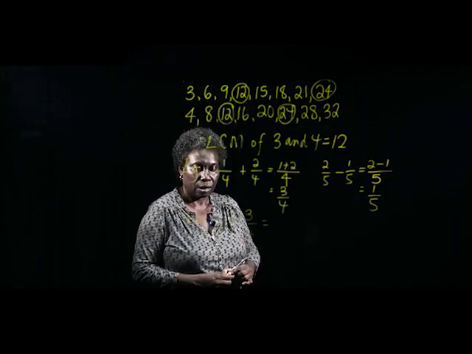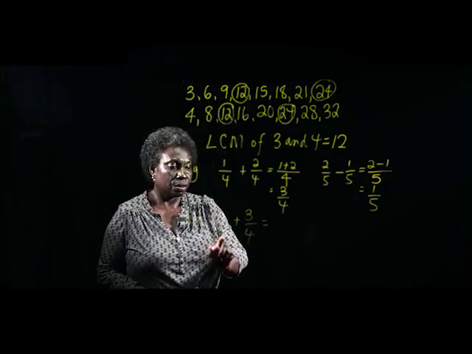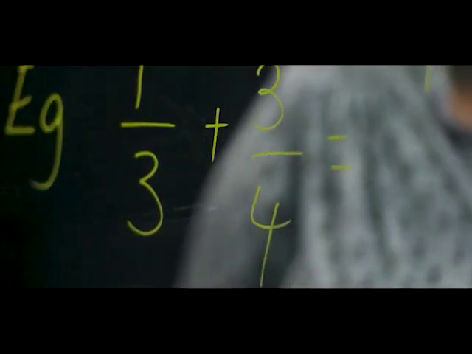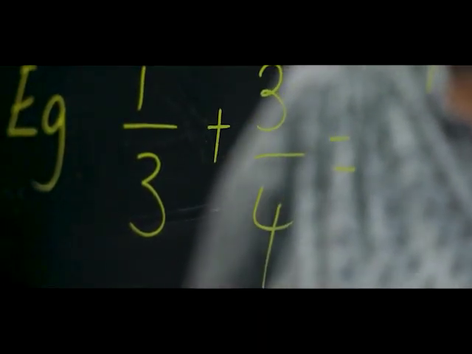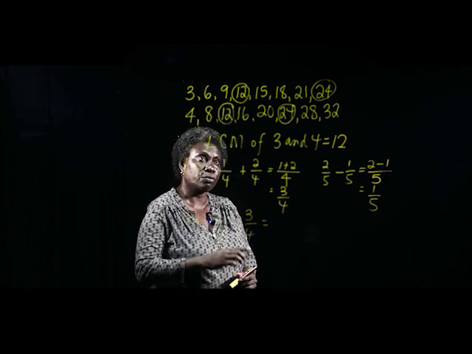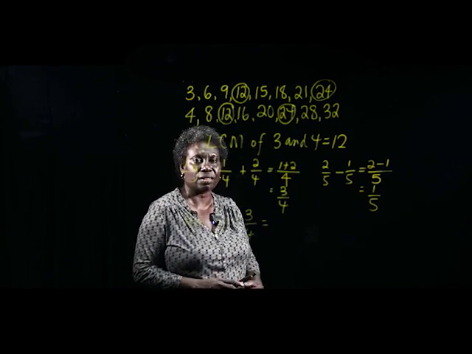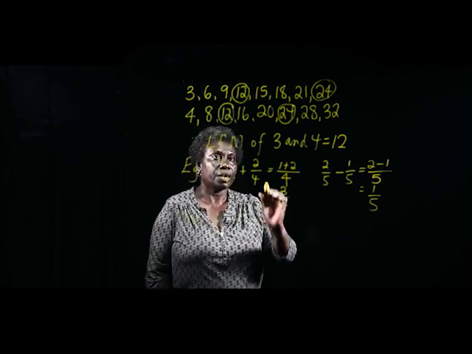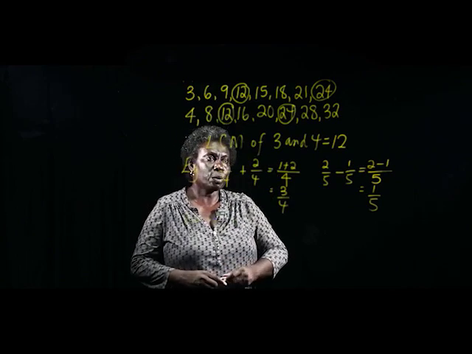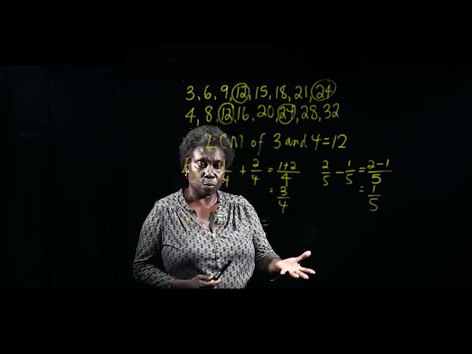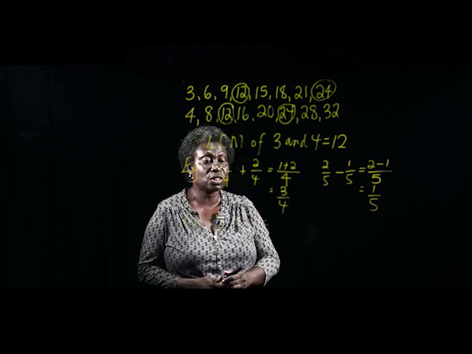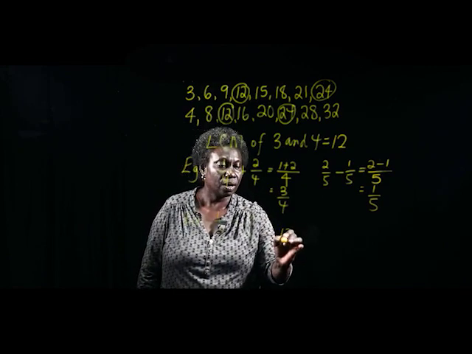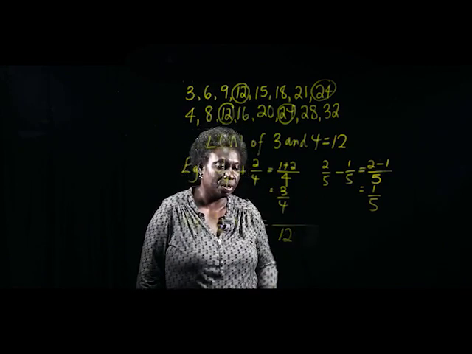Now, we have the denominators 3 and 4. They are different. So I am going to find the lowest common denominator of 3 and 4, which we have already done in the example above. The lowest common denominator is the same as the lowest common multiple of 3 and 4, which is 12. So I put 12 as my denominator.